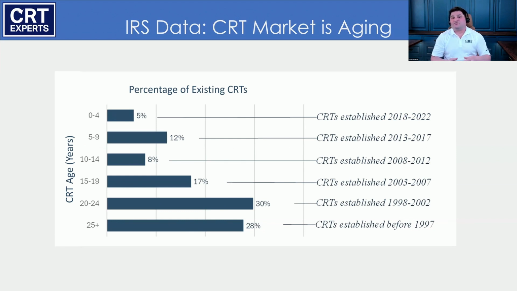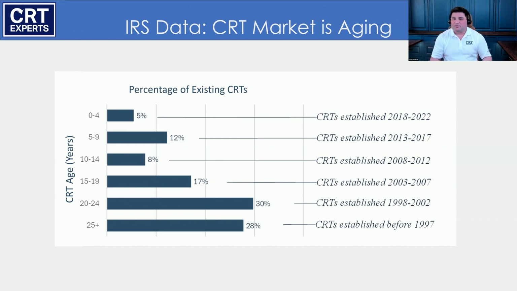That's taken from the split interest trust tax return, which is called the IRS Form 5227.